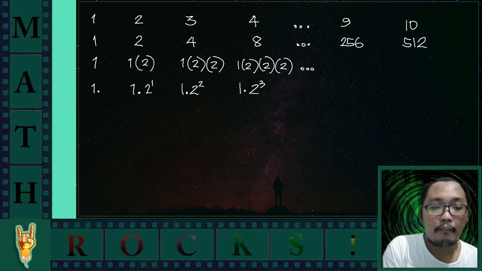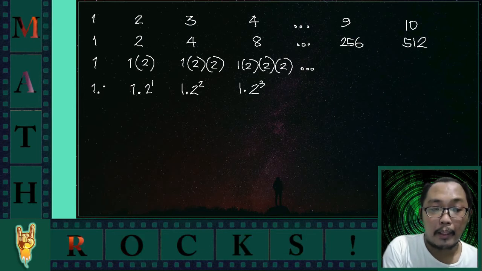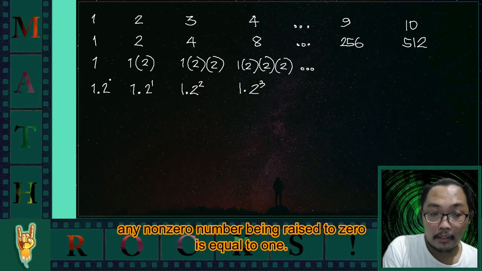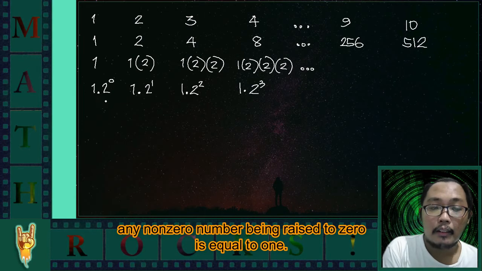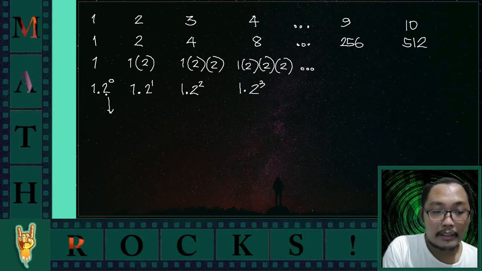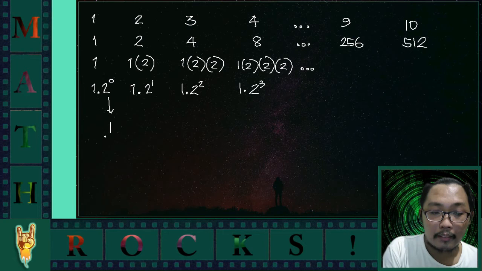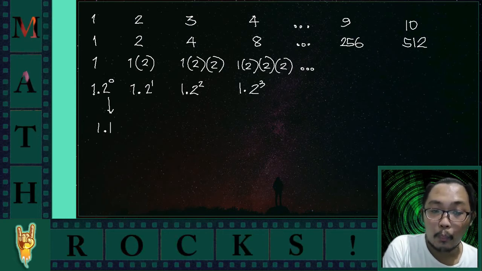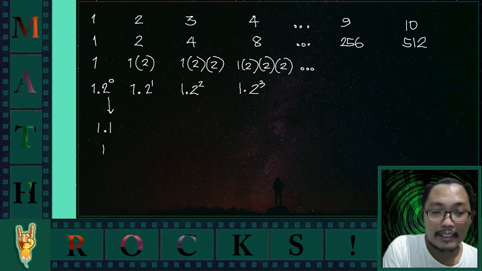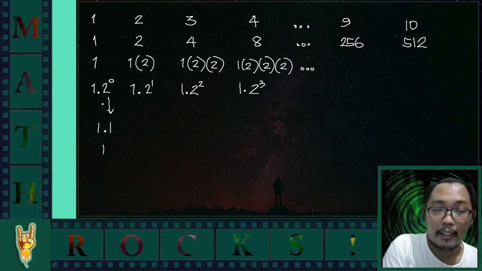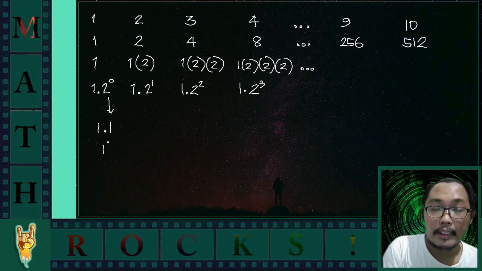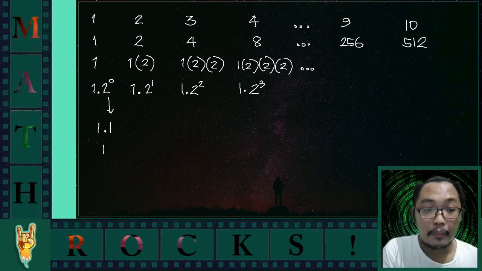You also learned in grade 9 that any number raised to 0 is equal to 1. So when 2 is raised to 0, that gives us a 1. And we know that this one, when multiplied with that 1, only gives us the same number 1. So they are practically the same. So that means we can do this.